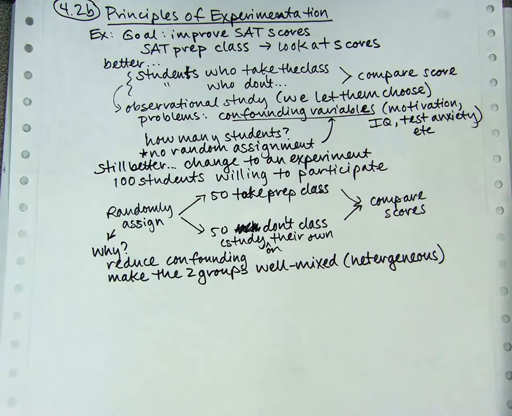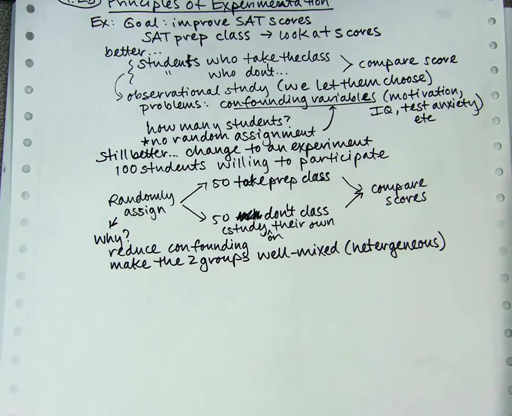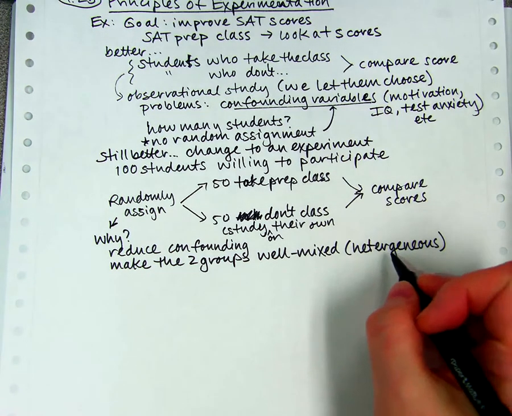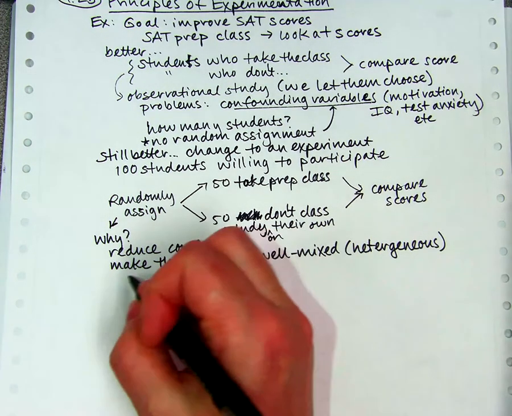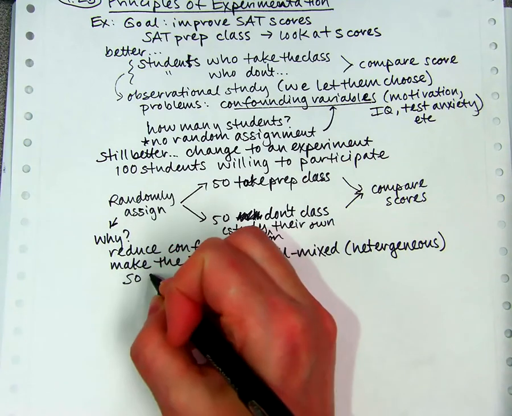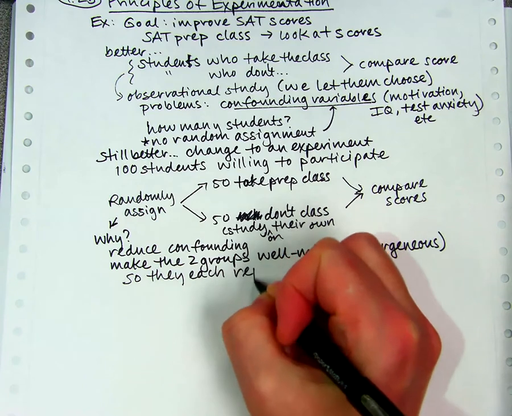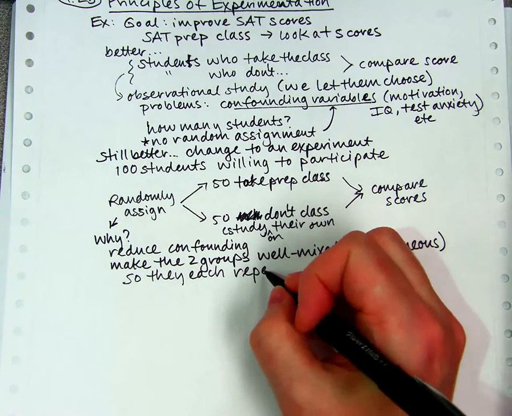We don't want all of the people in one group to be the same in some way, because then that sameness might be the reason for the better scores. So the idea is to make the two groups be well mixed so that each group represents the population well, which should sound familiar out of sampling that we've been doing.